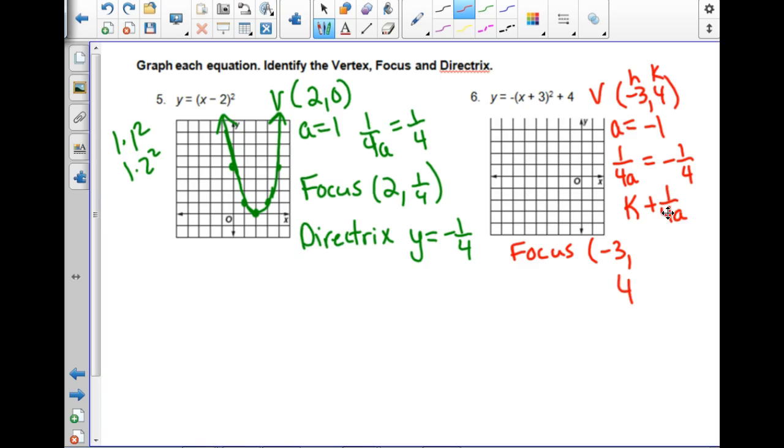What do I need to do to it? Or add negative 1/4, which would end up being subtracting a fourth, yes. Okay, so that's going to be 3 3/4. If you use a calculator and type 4 plus negative 1 divided by 4, your calculator is going to bounce back with a fraction that would be 15/4.